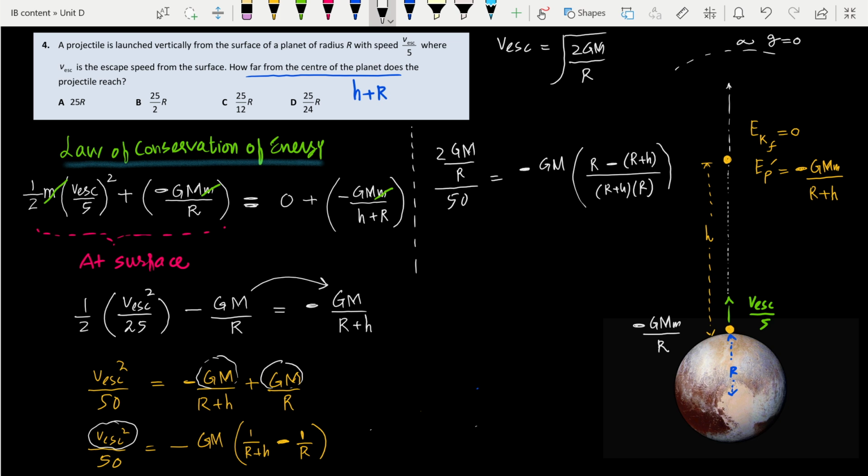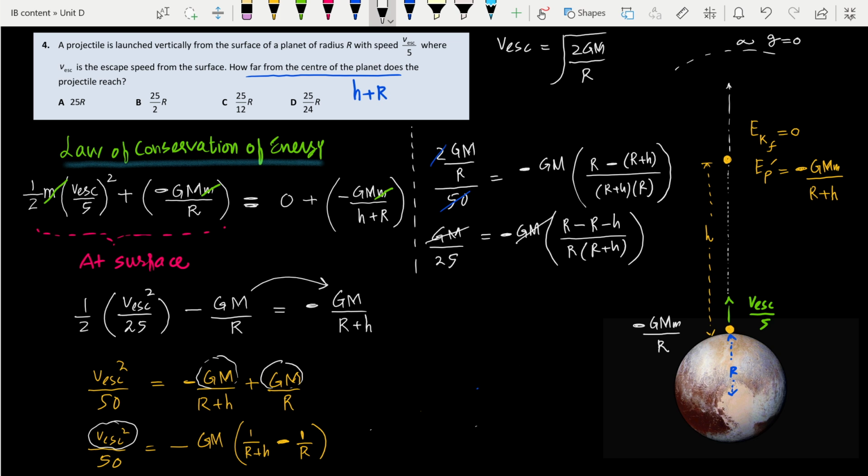I hope you understand. You can cancel out this 2 and it becomes 25. Then it will be GM over 25 is equal to negative GM, inside we have R minus R minus h, over R into R plus h. I'm sorry it's getting long because it's a hard question, mathematically long.